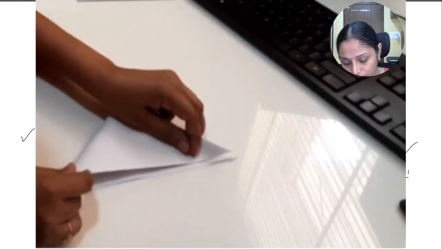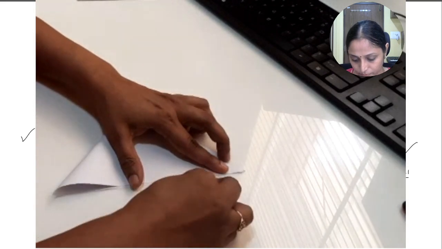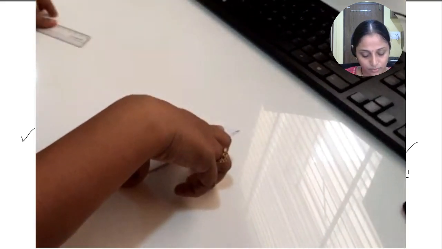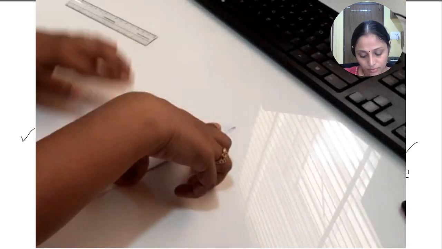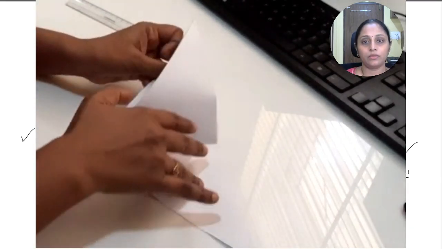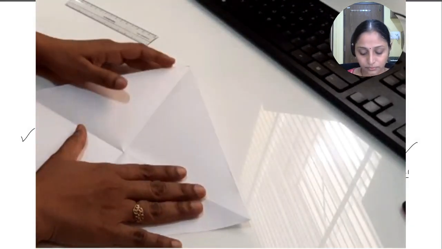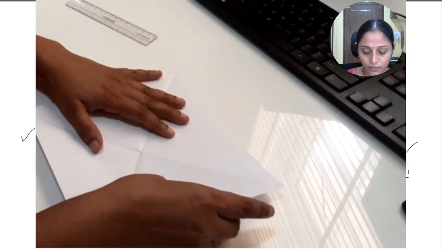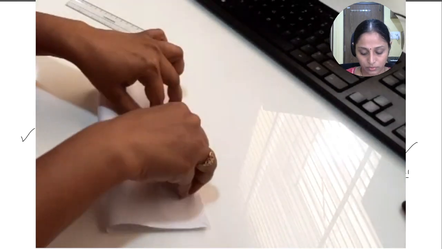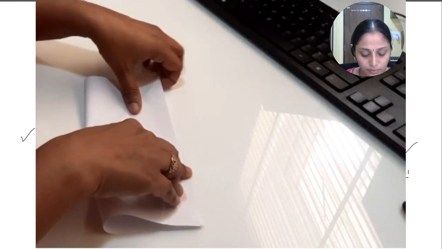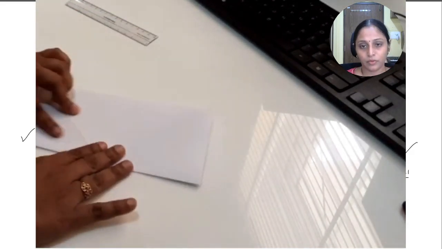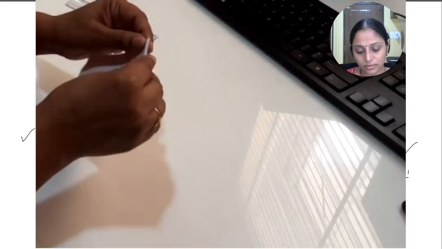So if I have this, this is how it is done. First we are going to fold it into 4 squares.